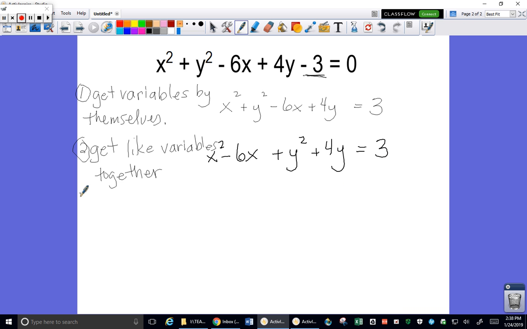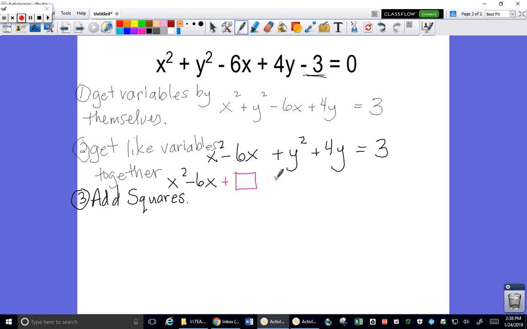So then step number 3, the important step, is to add the squares. Literally we're going to put 2 boxes into our equation. So I have x squared minus 6x, and I'm going to add in a square, plus a box right here, after the 6x.